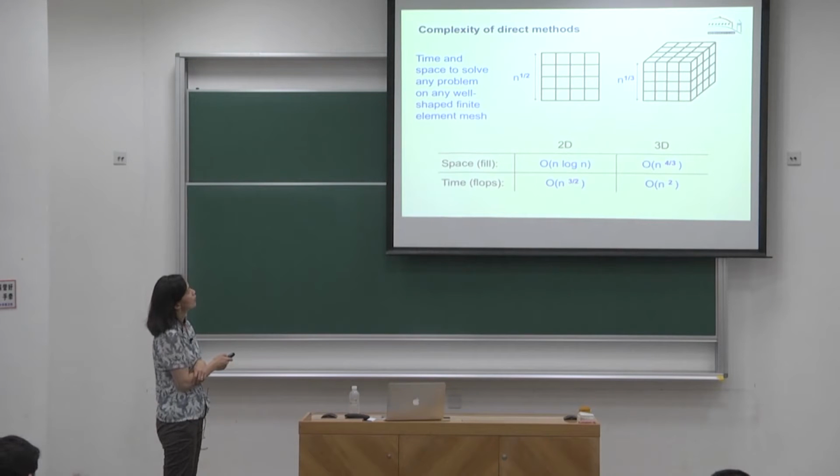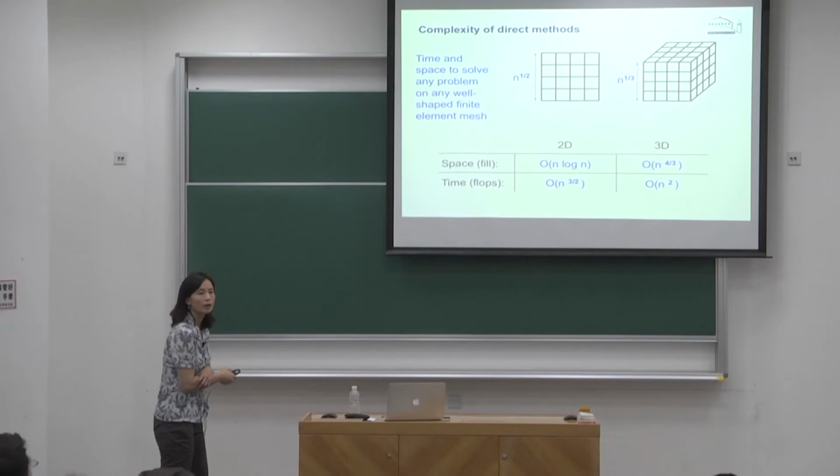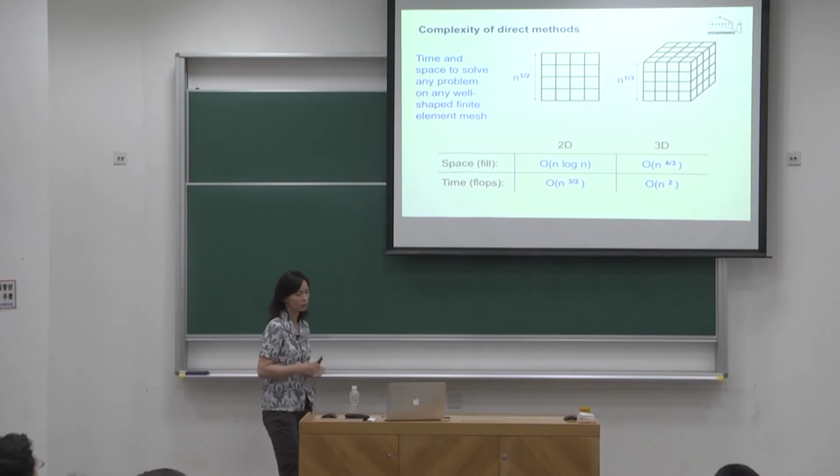So the number of equations here will be n, and the mesh size will be the cube root of n. So for 2D, we did the analysis like this, and for 3D, it's even worse. The number of fill in the LU factor is n to the 4/3, so it's even more than this. And the number of floating point operations, which is related to time, is n squared.